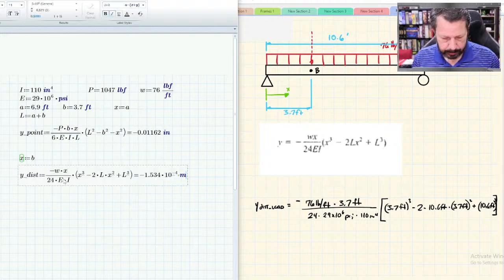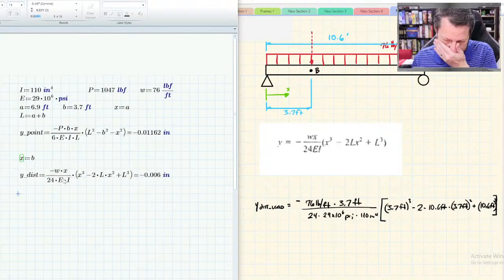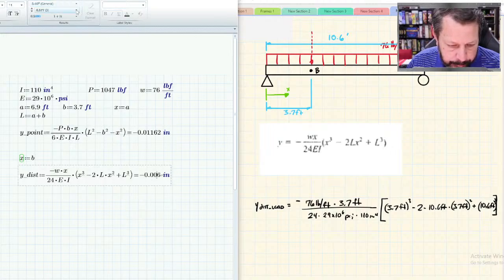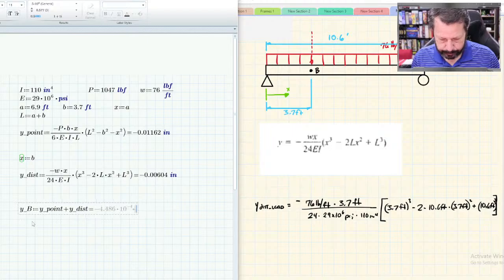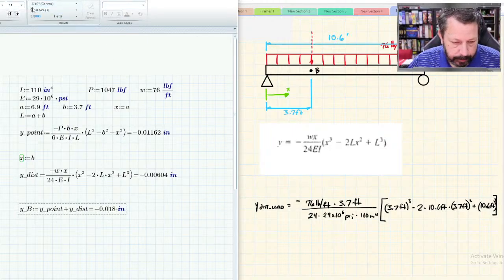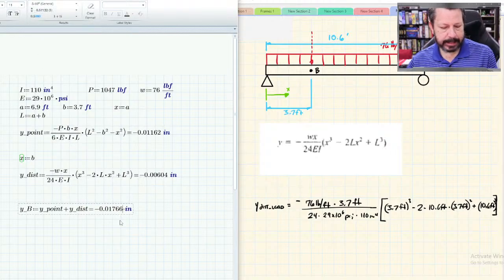Okay. In inches, probably need more decimals. And the total y at point B is equal to these two added together. And let's expand. 1766. Okay.